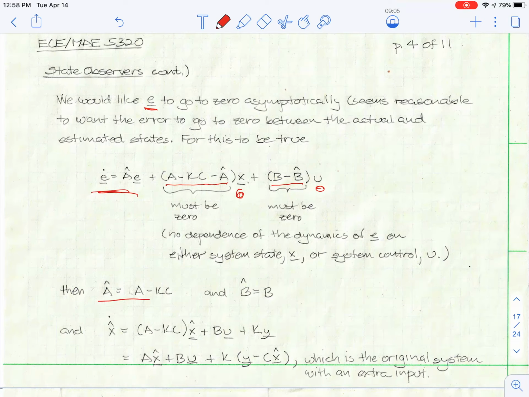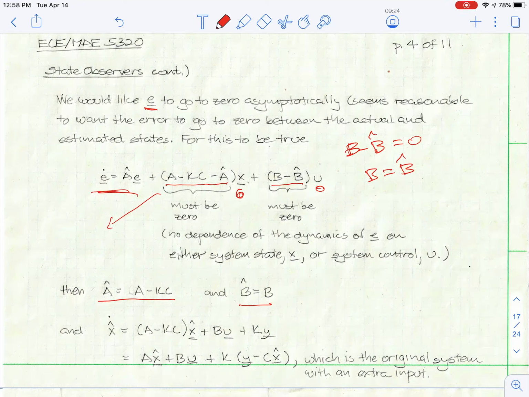And that right here says that, solving those for 0, A hat has to be equal to A minus KC, and B hat has to be equal to B. That's just saying B minus B hat equals 0 and solving B equals B hat.